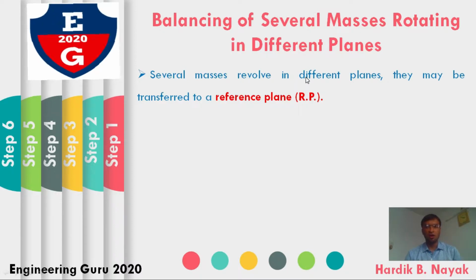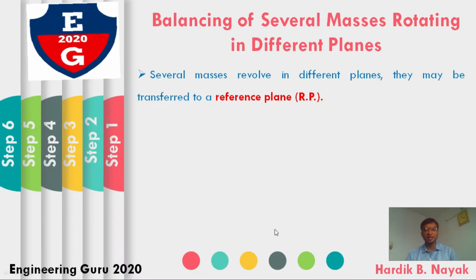Balancing of several masses rotating in different planes. Friends, we already know that several masses rotating in different planes means in this method we have a number of masses and a number of planes. If we have 4 masses, in this case we have 4 planes.